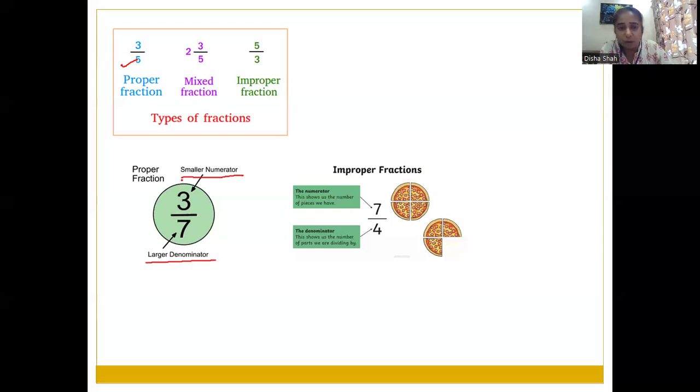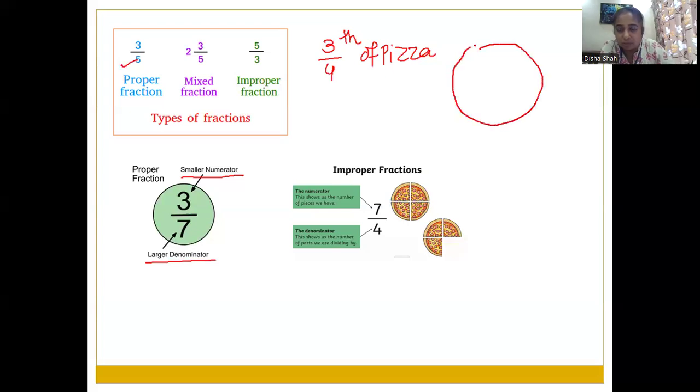Okay. Now, what is the meaning of 3/5 or 3/7 or 3/4? Suppose I take the example of 3/4. This is a proper fraction. Suppose your mother says that you can have 3/4 of a pizza. What does this 3/4 of pizza mean? It means that if this is a pizza, we have to cut it into 4 parts.